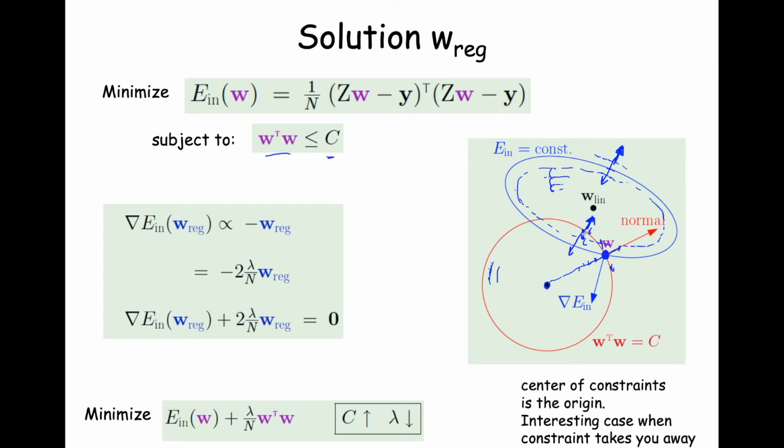And so the gradient of E_in is this way, and because you're minimizing, you want to pull in that direction. And the best solution is also in the opposite direction along this constraint because it satisfies the constraint and is closest to the W-Lin solution.